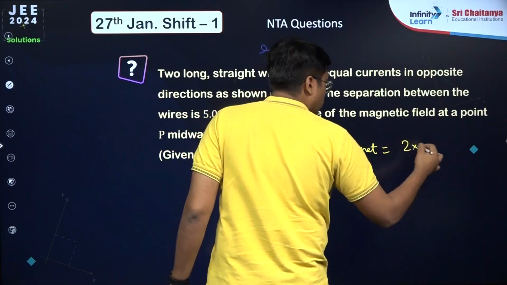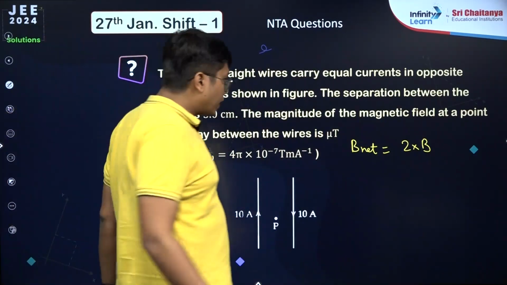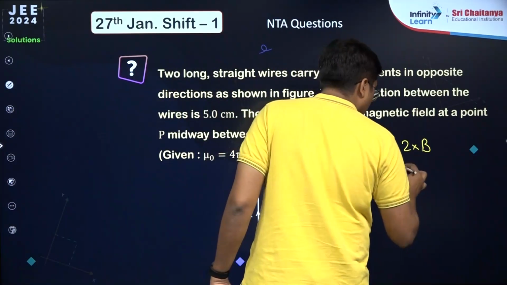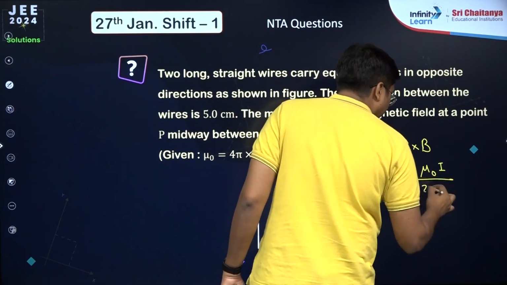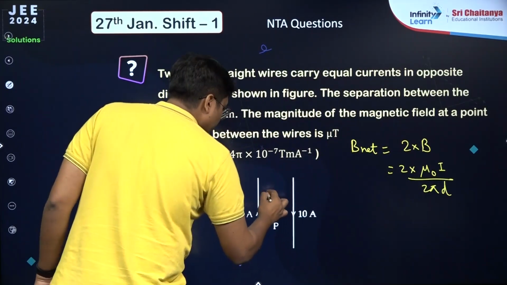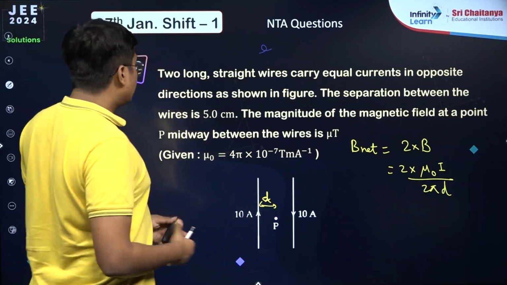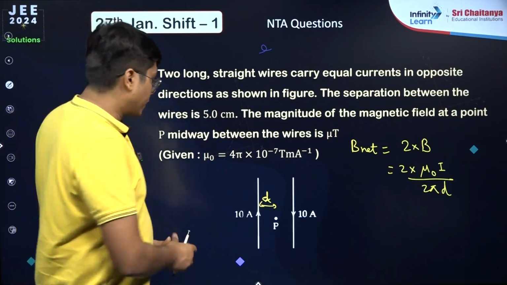is equal to 2 times the magnetic field from any of the wires. So we do that. 2 into mu naught I divided by 2 pi d, where d would be this distance. Since the distance between the wires is 5 centimeter, that d would be 2.5 centimeter.